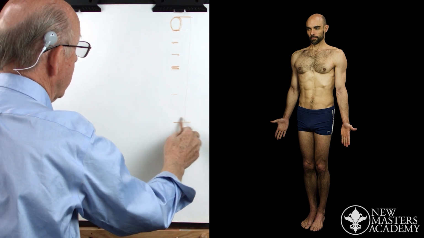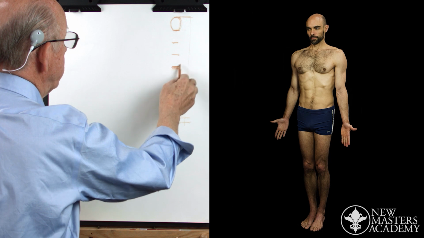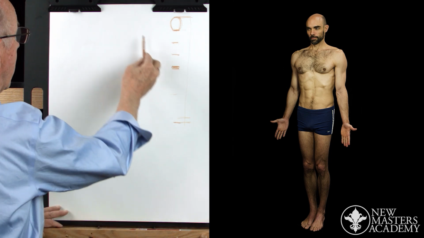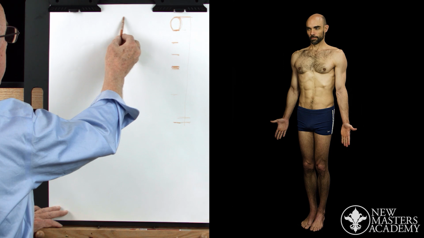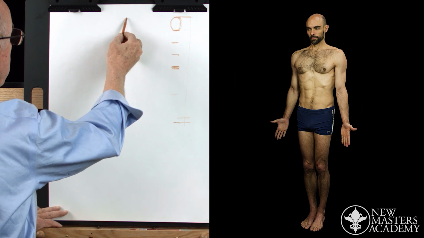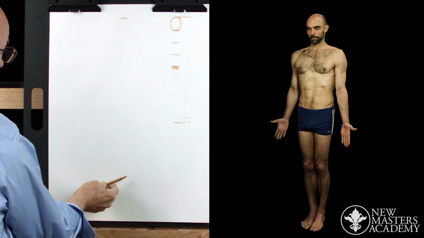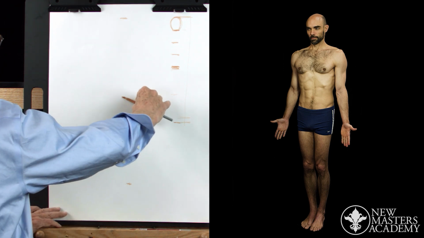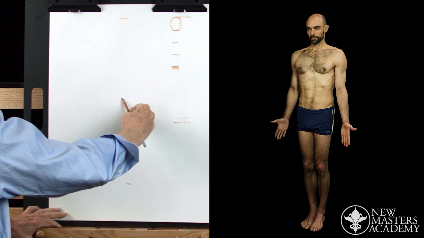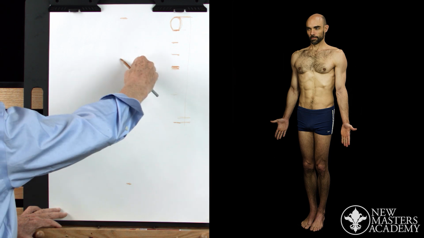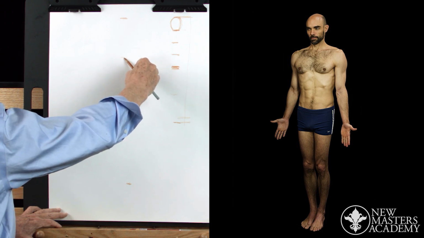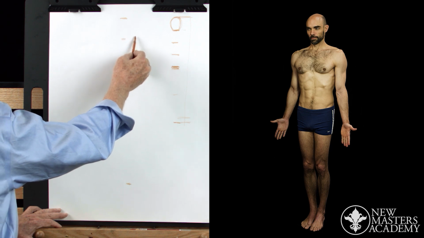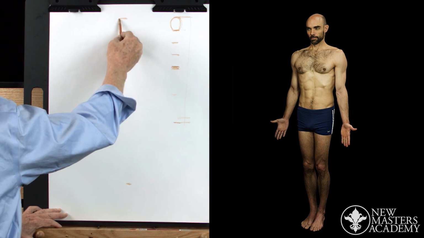So I just break this off. But this becomes a convenient means of starting out. So if I put a mark at the top, a mark at the bottom, and then break that in half, and break that in half again, and break that in half, this gives me a rough head size.